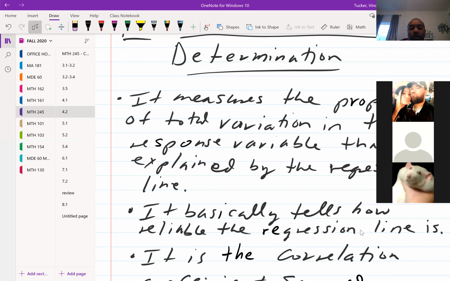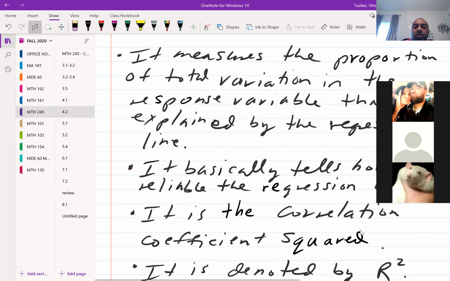All right. Here's the correlation coefficient squared.